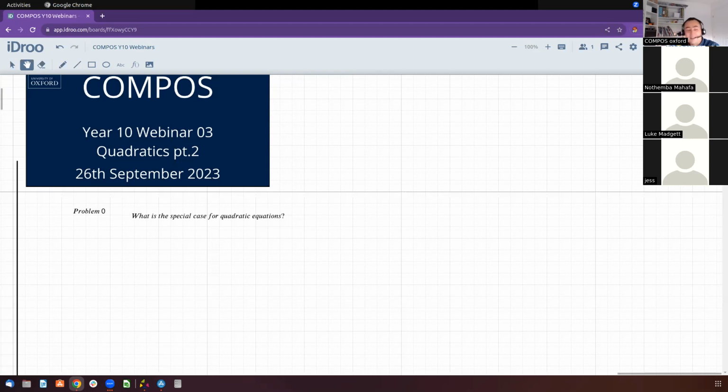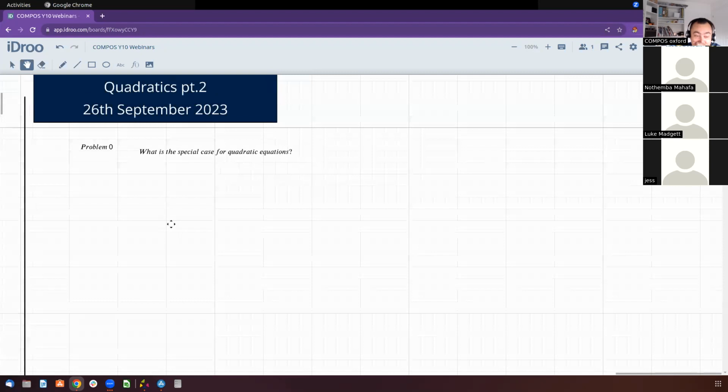The first question: what is the special case for a quadratic equation? This is a trick that I really wanted to show you, and it comes out of Vieta's formulae. So it goes like this.